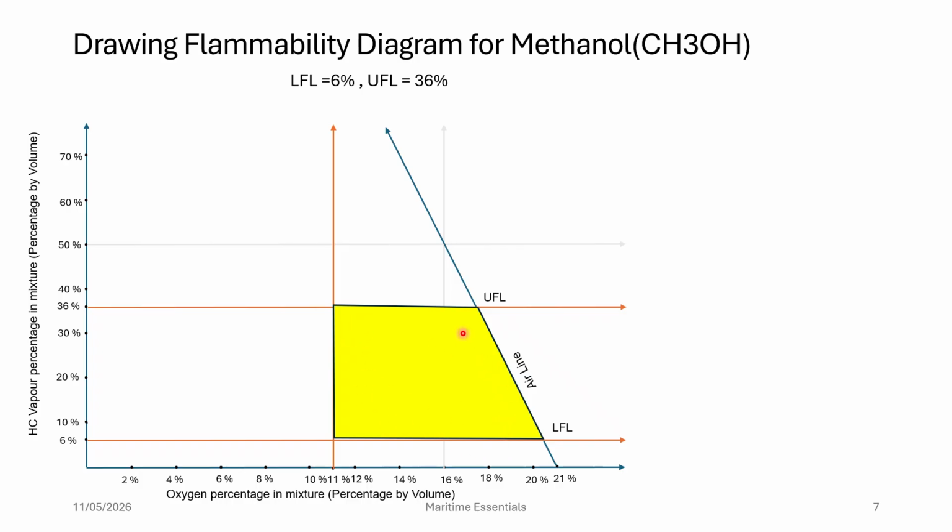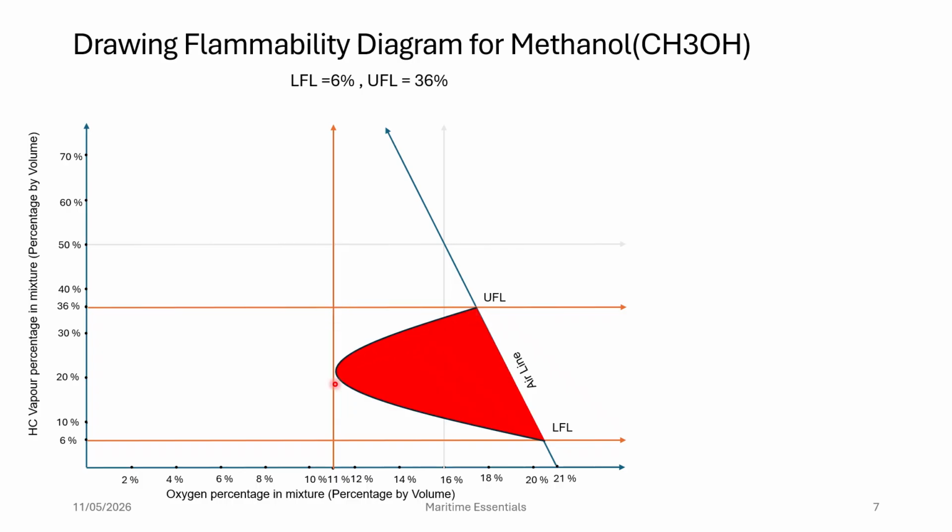So instead of this rectangular shape, it actually follows an elliptical path like that. Industry says that if your hydrocarbon and oxygen percentage is within that area, only then will it support and sustain combustion.